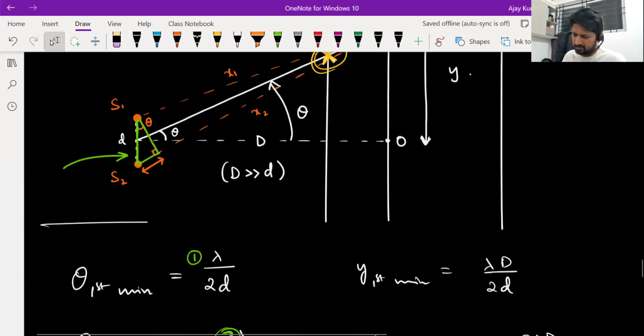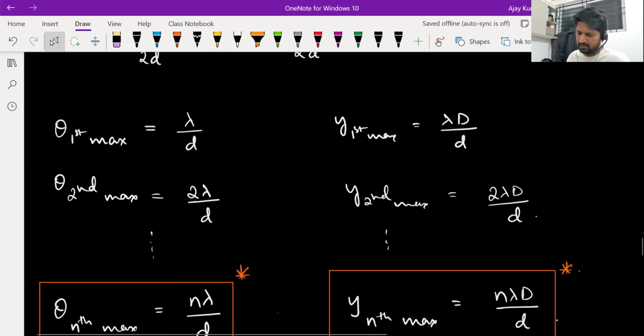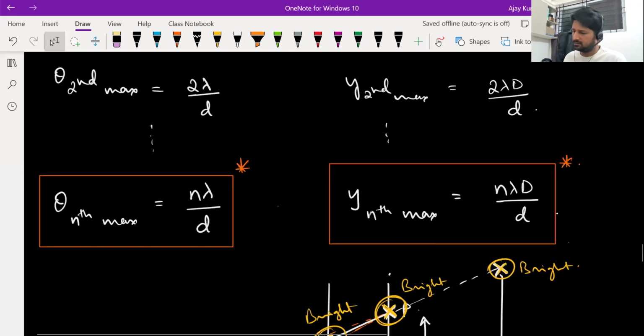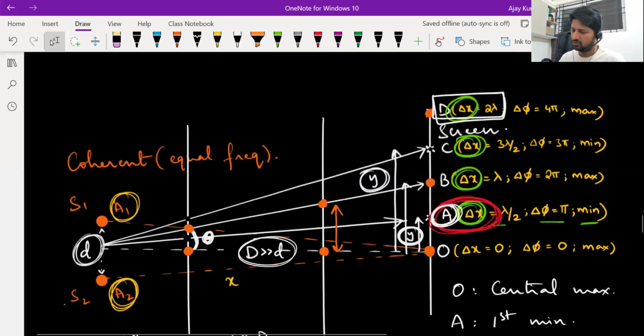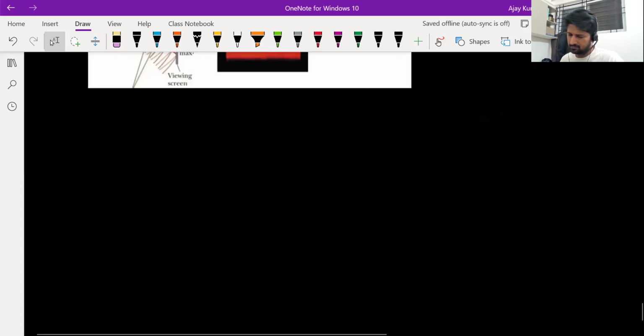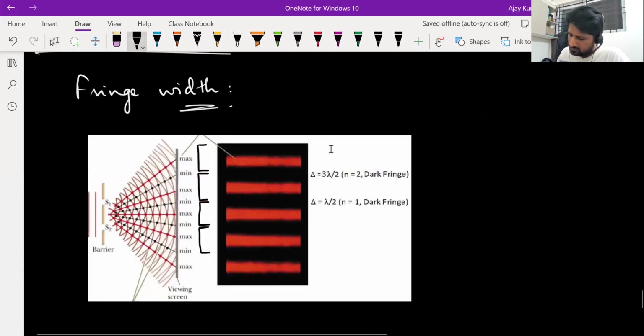So in the YDSE interference pattern, the y coordinate of the central maximum is 0.